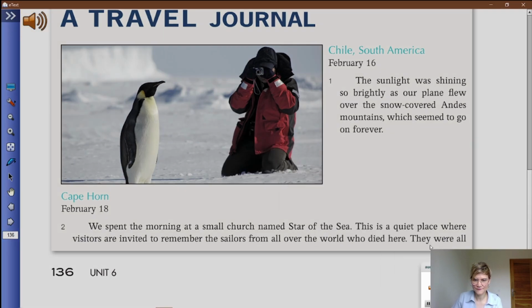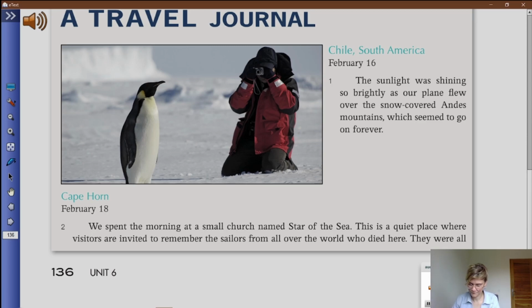A travel journal. Chile, South America. February 16th. The sunlight was shining so brightly as our plane flew over the snow-covered Andes Mountains, which seemed to go on forever. Cape Horn, February 18th. We spent the morning at a small church named Star of the Sea.